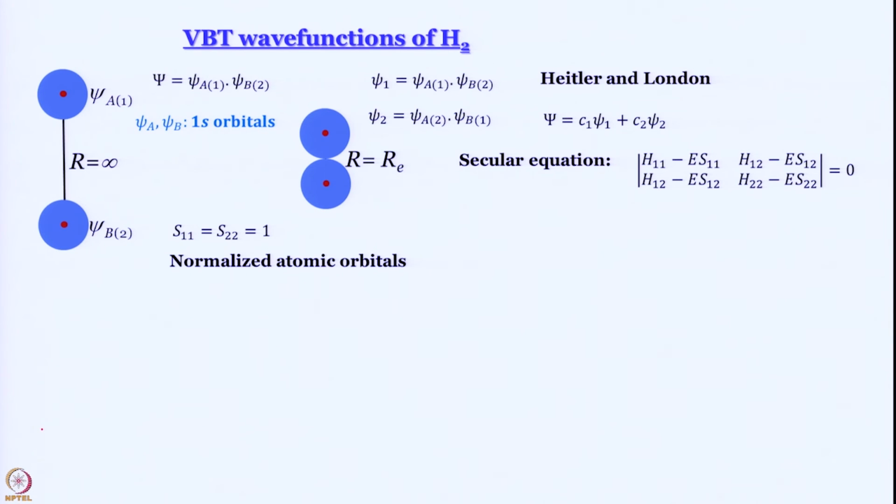What is S11? S11 is equal to integral psi 1 multiplied by psi 1 over all values of r. So, that will turn out to be integral psi a1 psi b2 and the same thing.